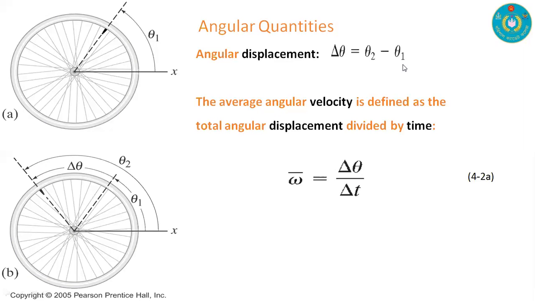The average angular velocity is defined as the total angular displacement divided by time, that is omega equals del theta divided by del t. Here omega is angular velocity, del theta is angular displacement, and del t is time.